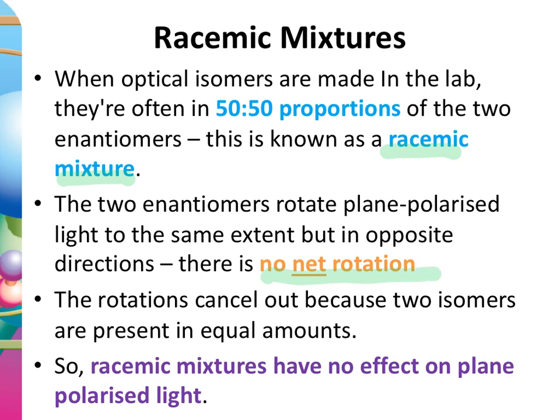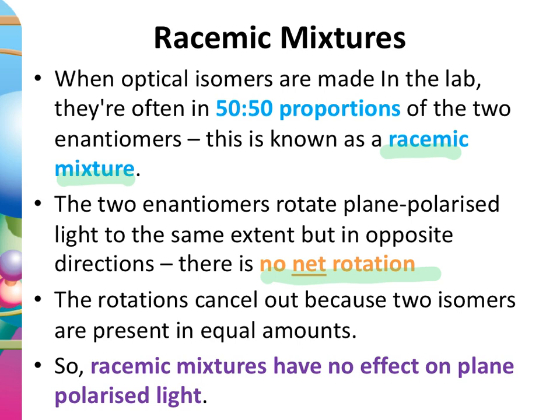So even though we have a mixture of optical isomers, because they are the same substance and present in the same quantity, we observe no net rotation. So it appears that optical isomerism isn't present. There's no net rotation because they cancel out.